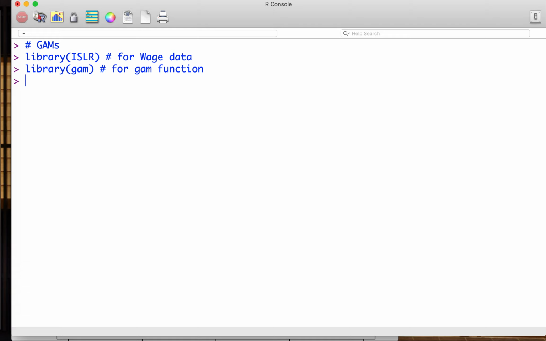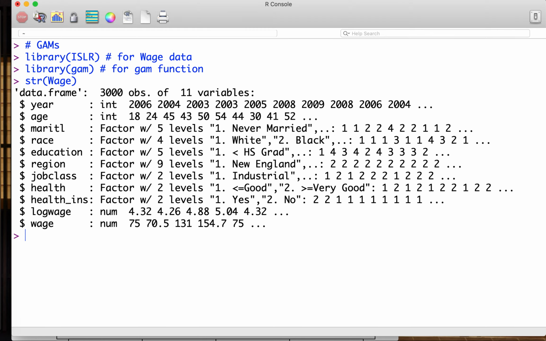Remember that we are using wage data. So wage data is this data. We compare the wage of workers by several factors: the year recorded, age of workers, and some others, marital status and race and so on, and educational level.